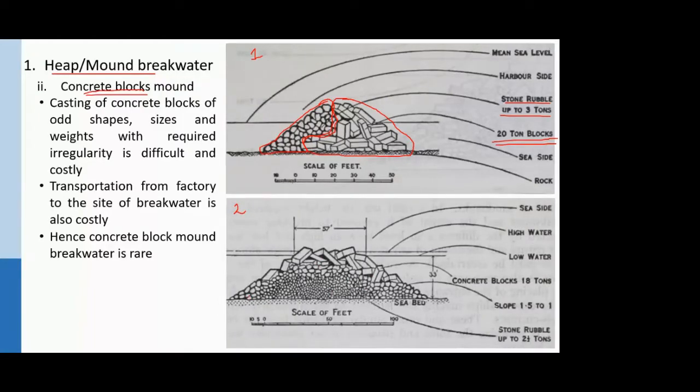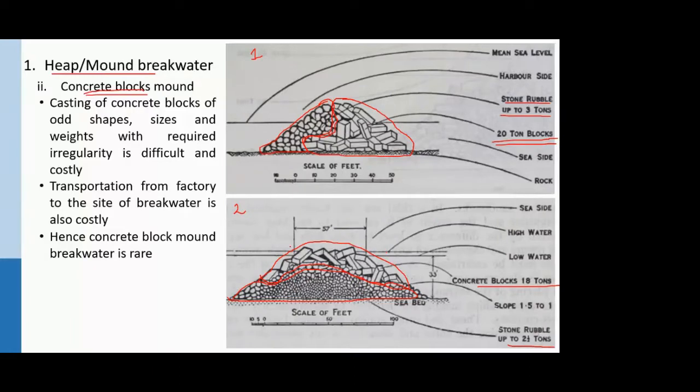In this, the core is made up of rubble, and then that rubble layer or the core is topped up with the concrete blocks. Again you can see the concrete blocks are written as 18 tons, and the rubble is up to 2 tons.